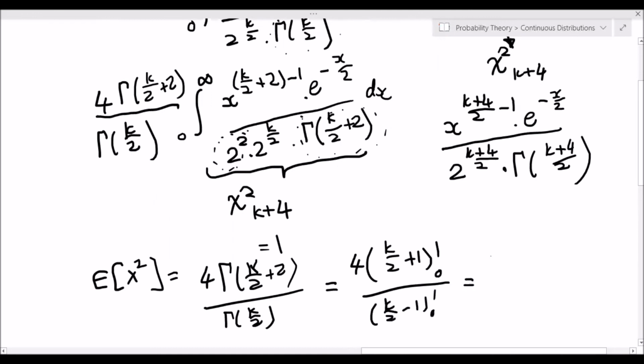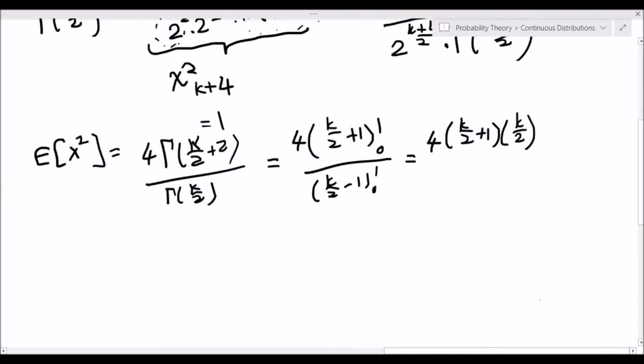And we know that this simplifies to 4 times (k/2 plus 1) multiplied by k/2. This is the expected value of X squared.